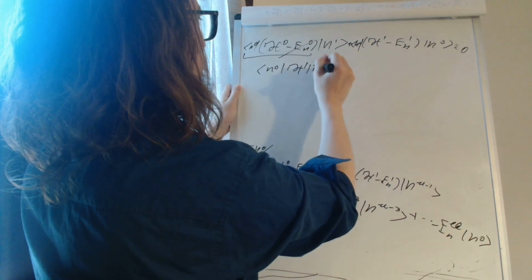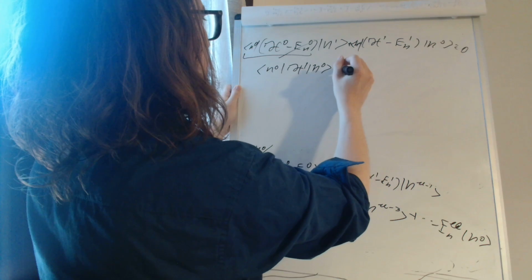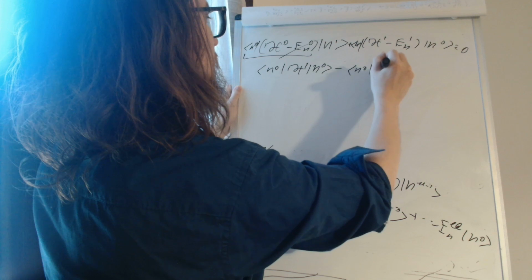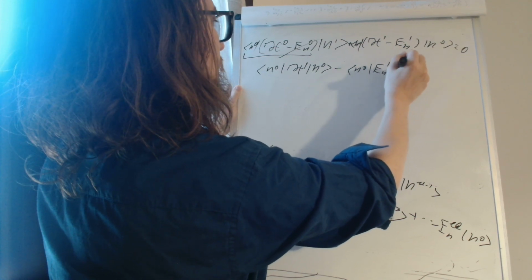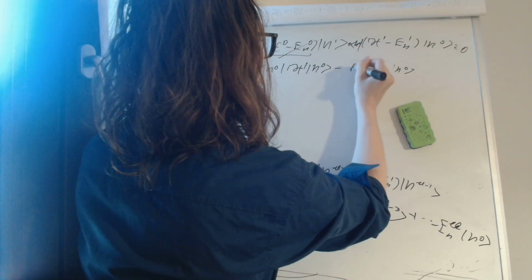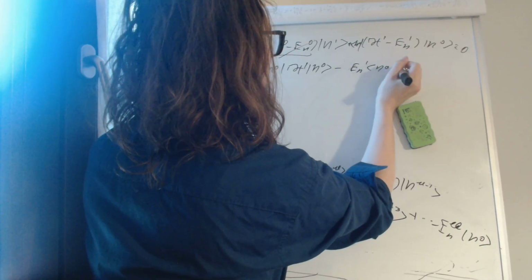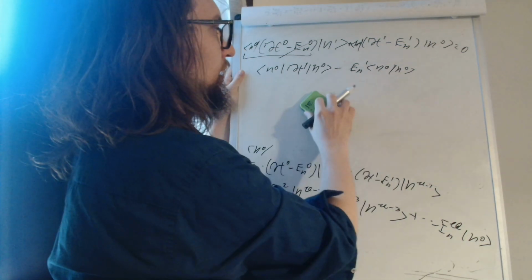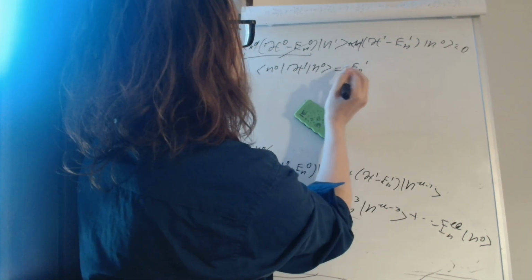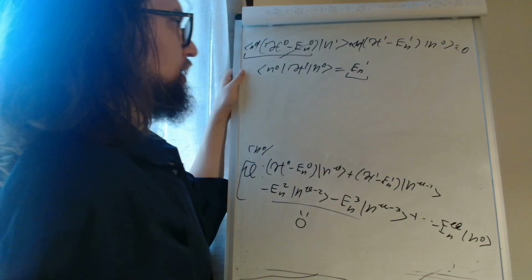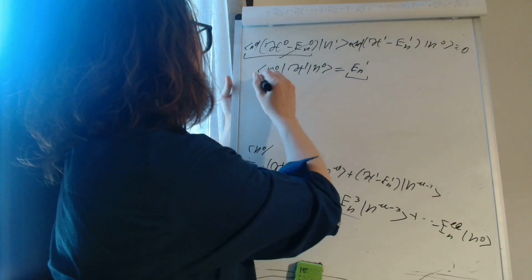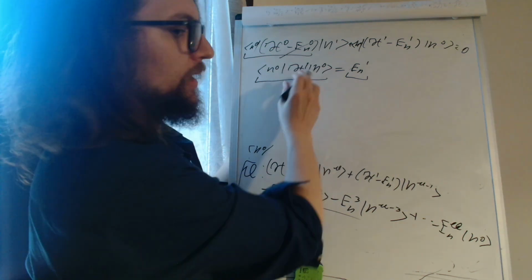We have n0 h1 n0 minus n0 e n1 n0, and we can take e n1 out, and since these eigenstates are orthonormal, this is 1, so we get that the first perturbation term in the eigenvalue is n0 h1 n0.